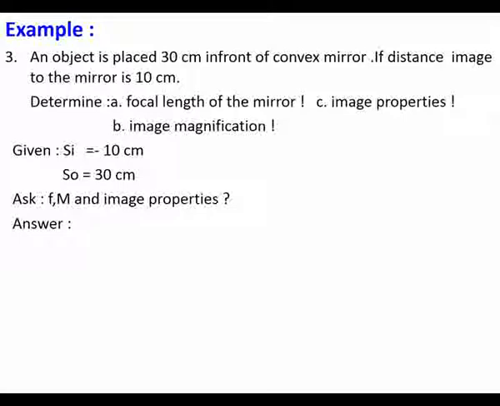For a convex mirror, the image is always behind the mirror. Because of that, the mirror produces a virtual image, so SI equals minus 10 centimeters. And because the object is placed 30 centimeters in front of the mirror, SO equals 30 centimeters. The problem asks for F, M, and image properties.